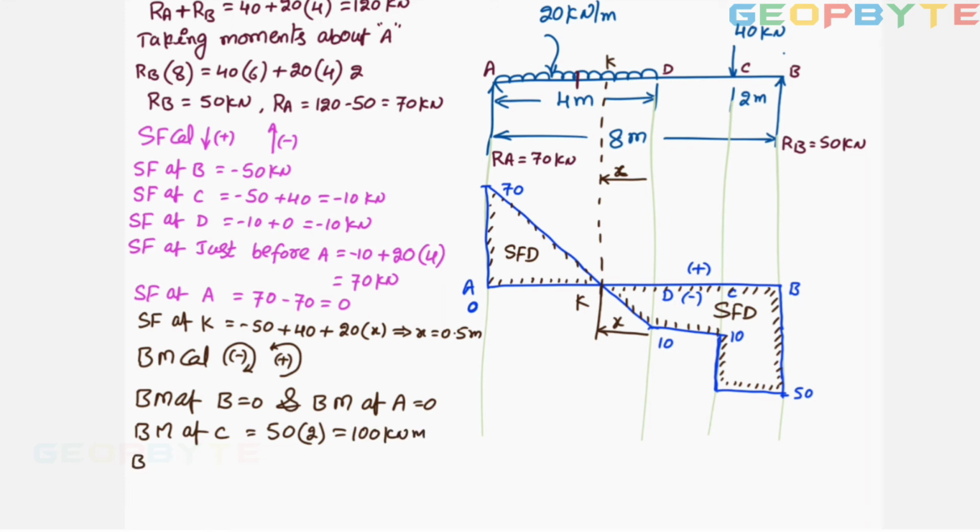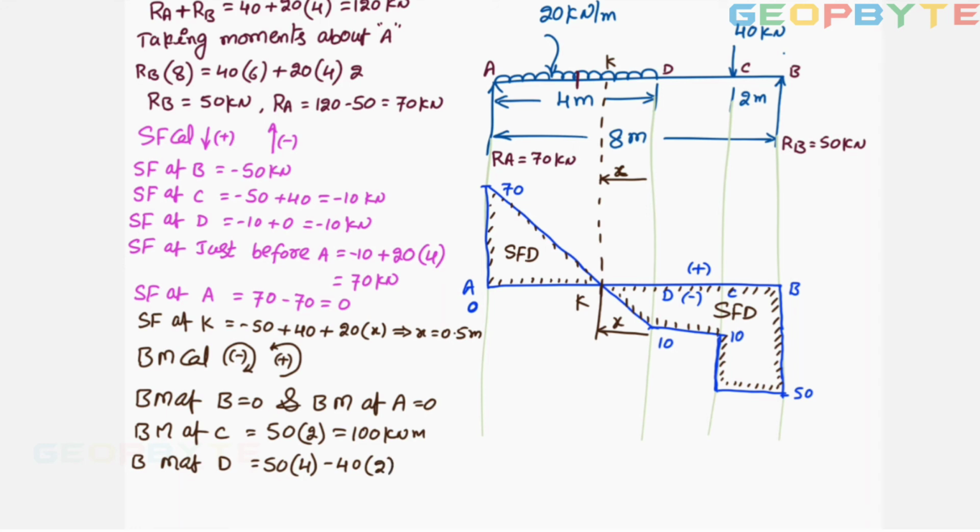Now BM at D. Count how many loads are there before D. Two loads are there, one is the reaction, the other one is 40. So the reaction multiplied by the distance up to D, 4, minus 40 into the distance from C to D, 2 meters.